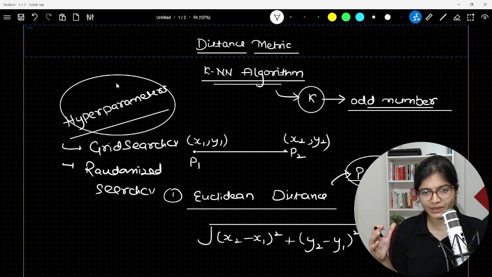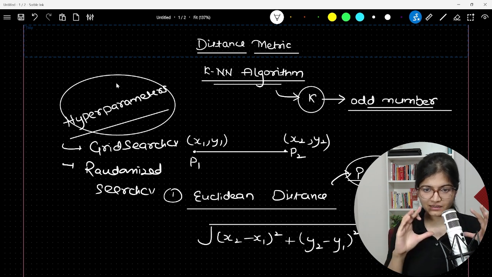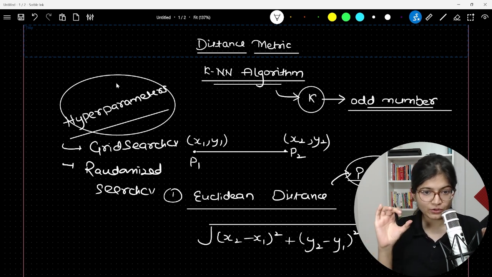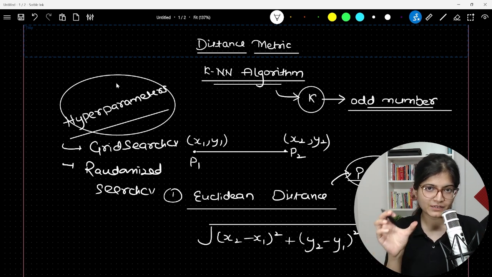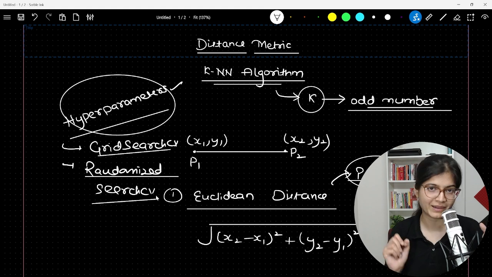As of now, in our implementation we will pick the default values, with the help of which we will try to understand the concept end to end. But you should keep in mind that in future sessions we can tune our hyperparameters also, depending upon what kind of data we are dealing with, with the help of algorithms like grid search CV or randomized search CV.